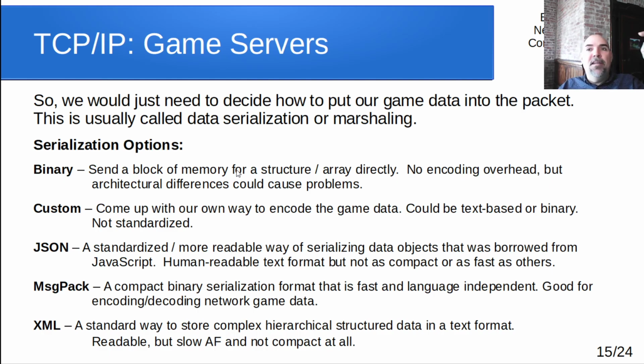We receive that data, give it the address of a structure on the receiving end, and it's like the structure on one machine was magically transported to the memory on the other machine without any encoding overhead at all. Now, if we want to encode the data to account for architectural differences, we could come up with our own. It could be text-based or binary, but note that that's not standardized.